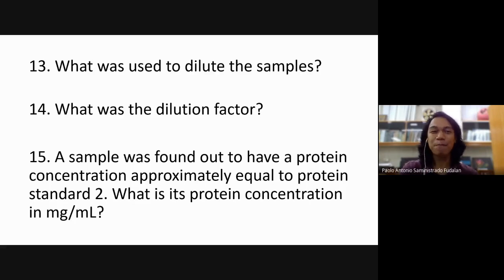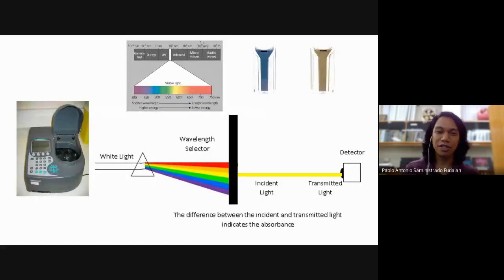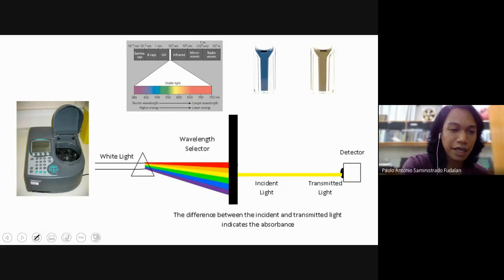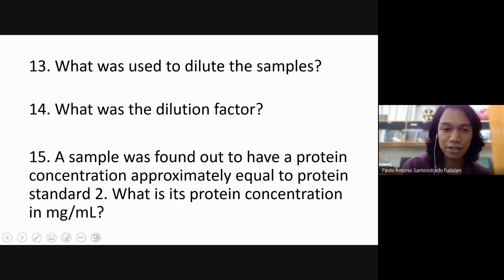All right, so that's the end of the questions for the quiz. I would like to continue by talking a bit more about the mechanism or the principle behind the spectrophotometer. So here we have the spectrophotometer. Let me use ink. Okay, so this is our spectrophotometer.